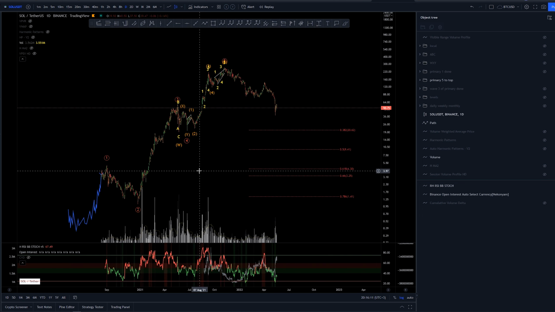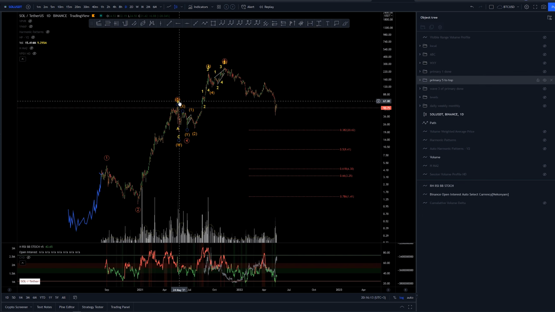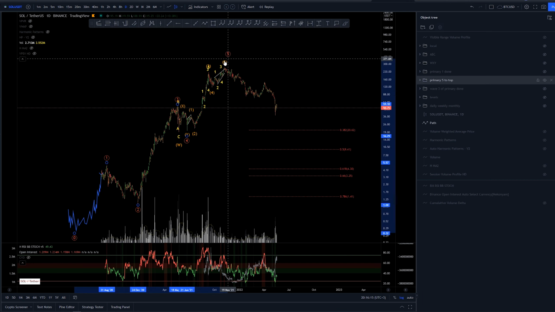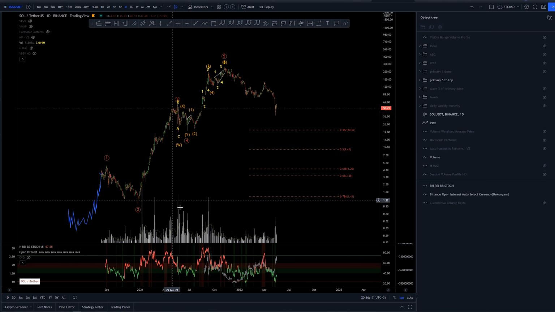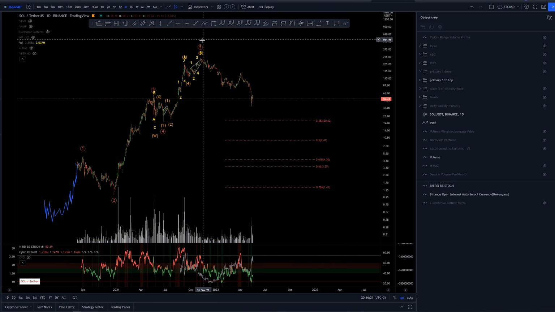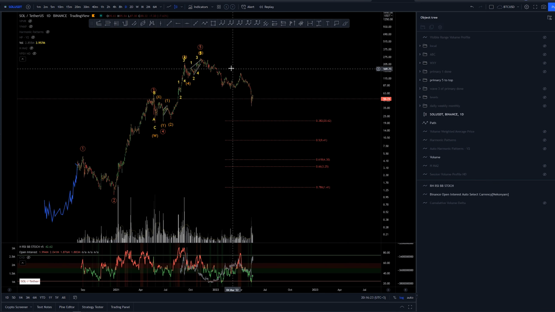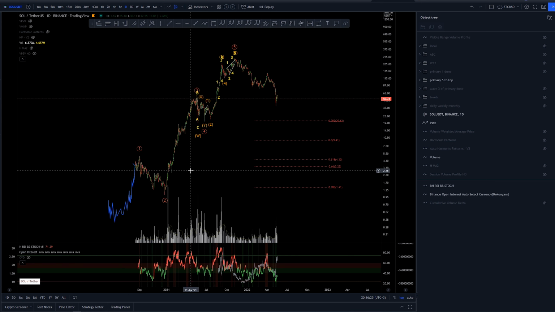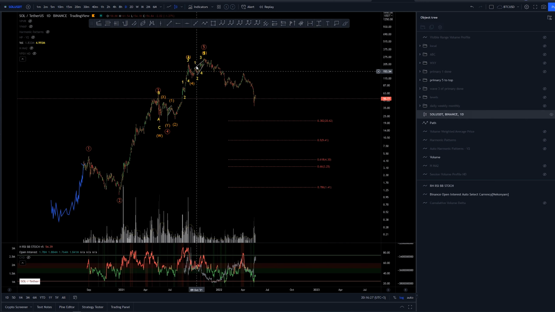Other possibility is 1, 2, 3, 4 and 5 topping out here. At this point we would look for a way larger downward cycle, which would take a lot longer than the current structure that we have.